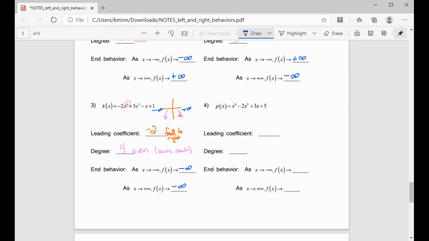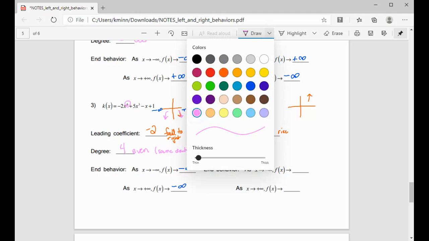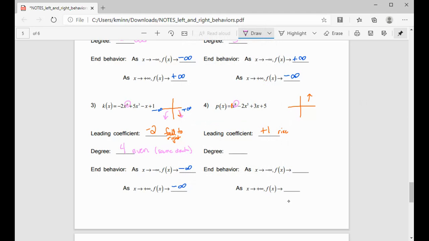And number 4, our lead coefficient, another plus 1, so it's positive. So this is going to rise on the right. And our degree is 8, which makes it even.